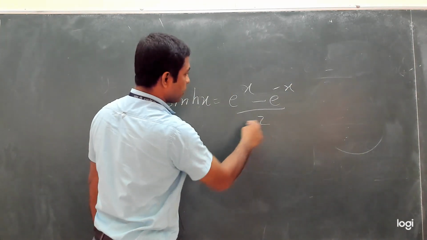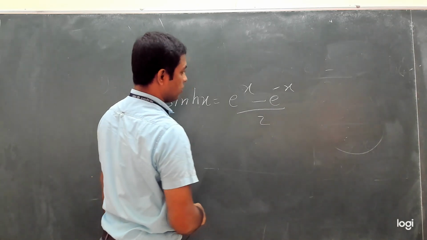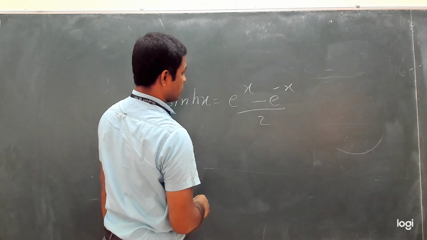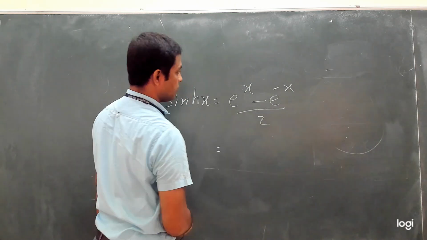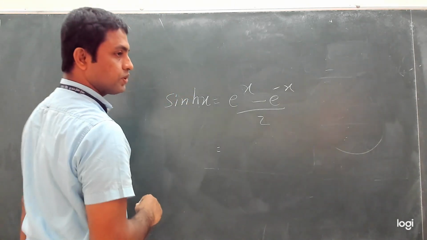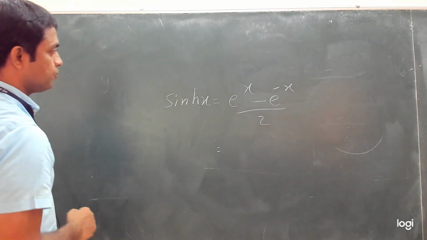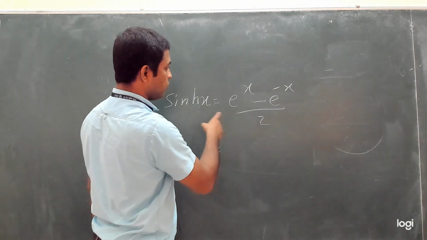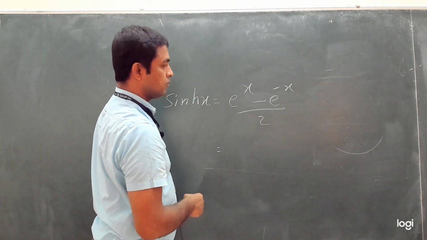There is no complex thing here, no imaginary i, so root minus 1 is not there. What is the expansion of this? Sin x expansion you knew. So what do you get when you expand this?